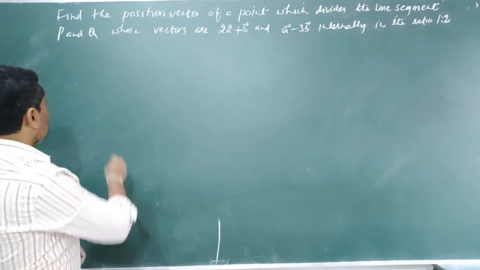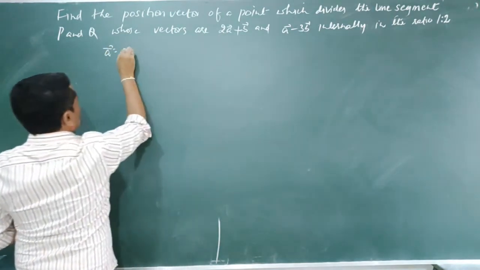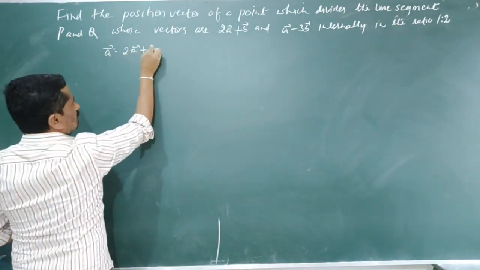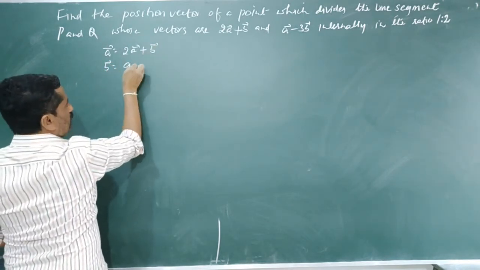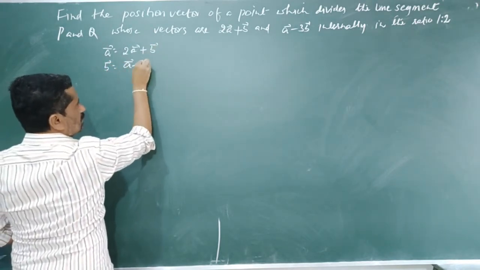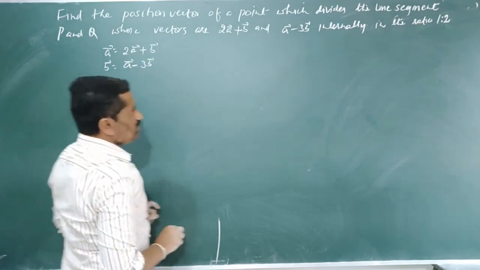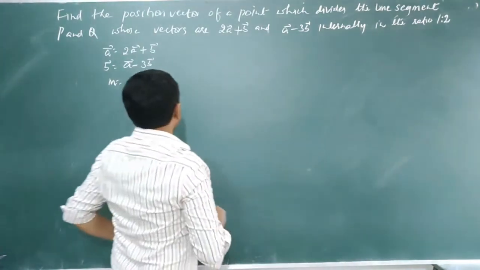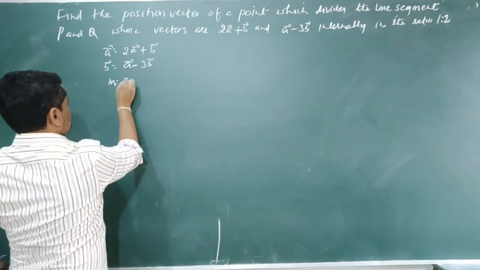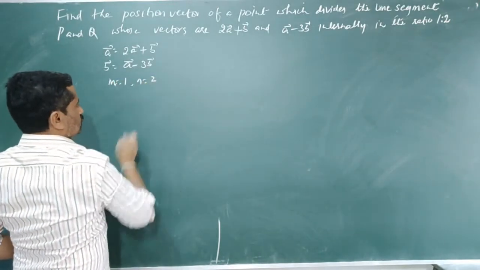Here it is given that P bar is equal to 2A bar plus B bar and Q bar is equal to A bar minus 3B bar, and m is to n, so m is equal to 1 and n is equal to 2.